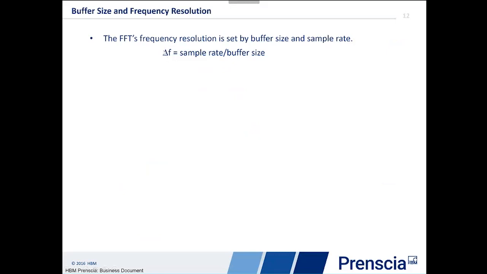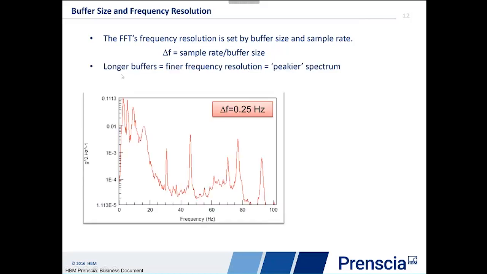going to call here delta F. And delta F is actually calculated from the sample rate of the original signal. So generally, there's little you can do about that. That's the sample rate of the signal. And the buffer size, so that's a user selectable property. You can choose various buffer sizes. And therefore, if you go with a high or long buffer, high buffer size, you'll get a smaller delta F, right?